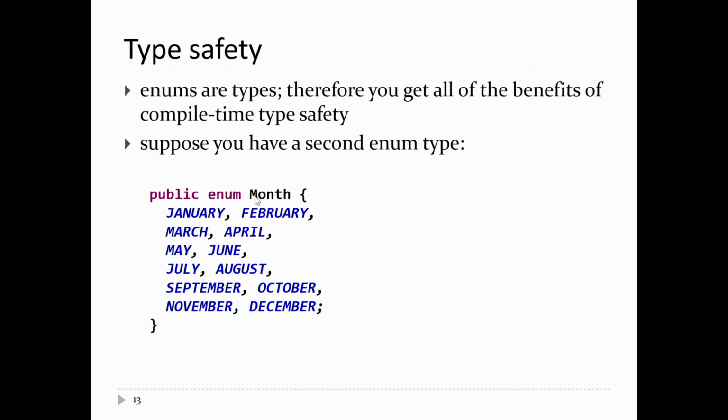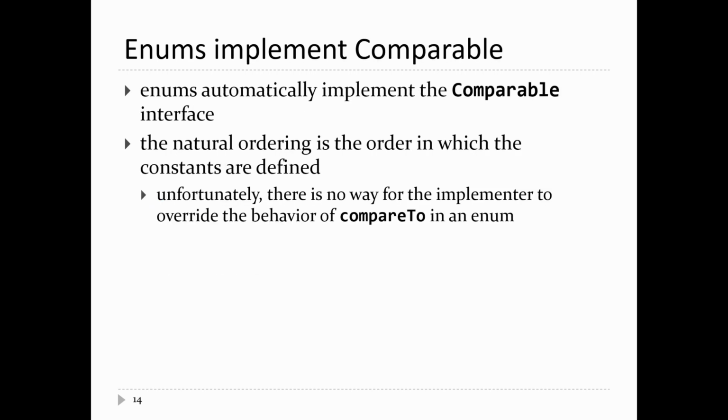So there's no way that I can write a method that requires a day and have a user pass in a month. The compiler won't even compile that. So now you have methods that are type safe. A method that requires a day only accepts day objects, and a method that requires a month only accepts month objects. So that's nice, we now have type safety, which is very nice.